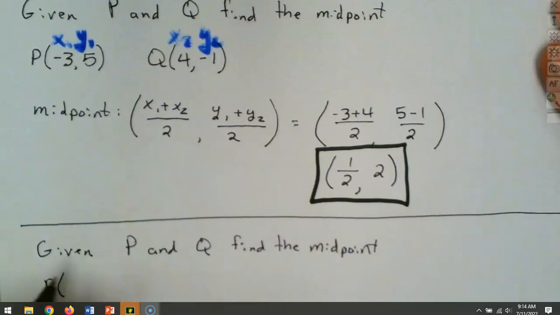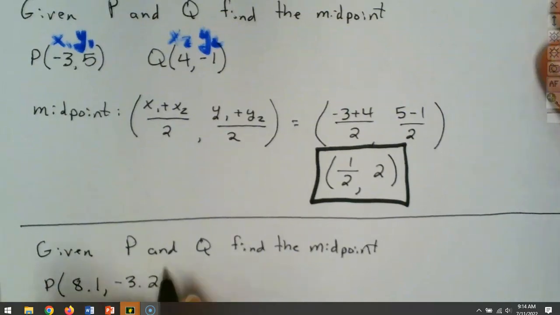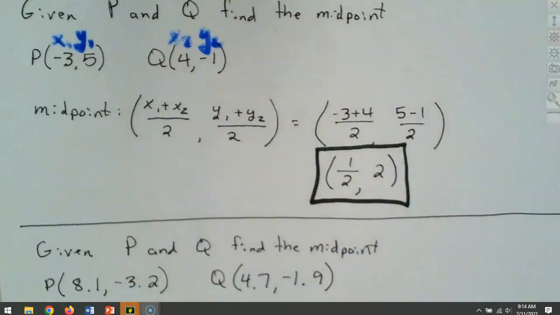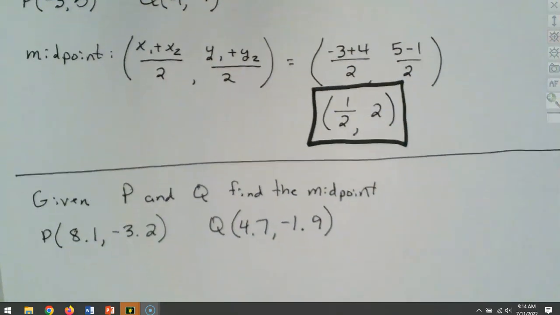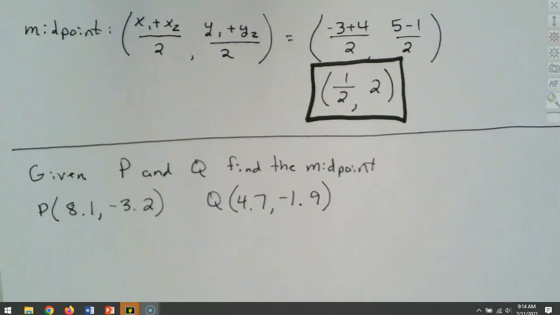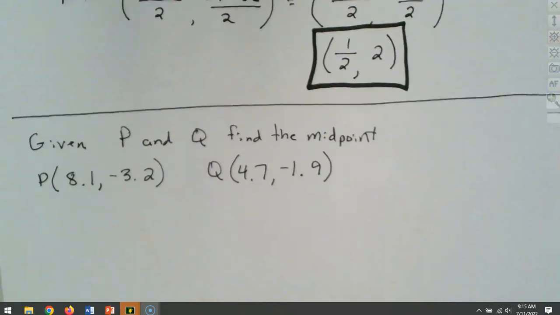So let's say P is going to be, how about 8.1 comma minus 3.2. And Q is 4.7 comma minus 1.9. And don't try to make these harder than what they need to be.